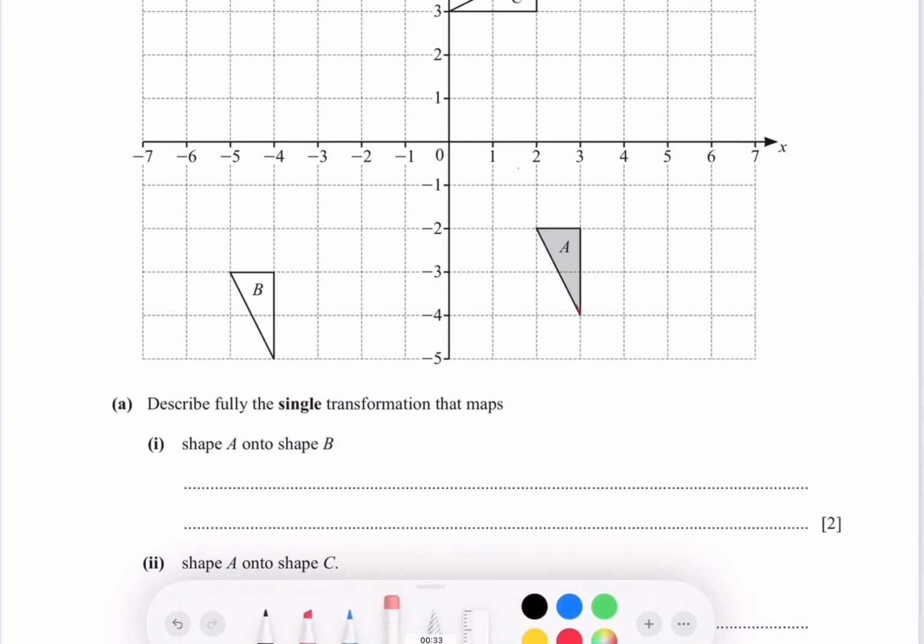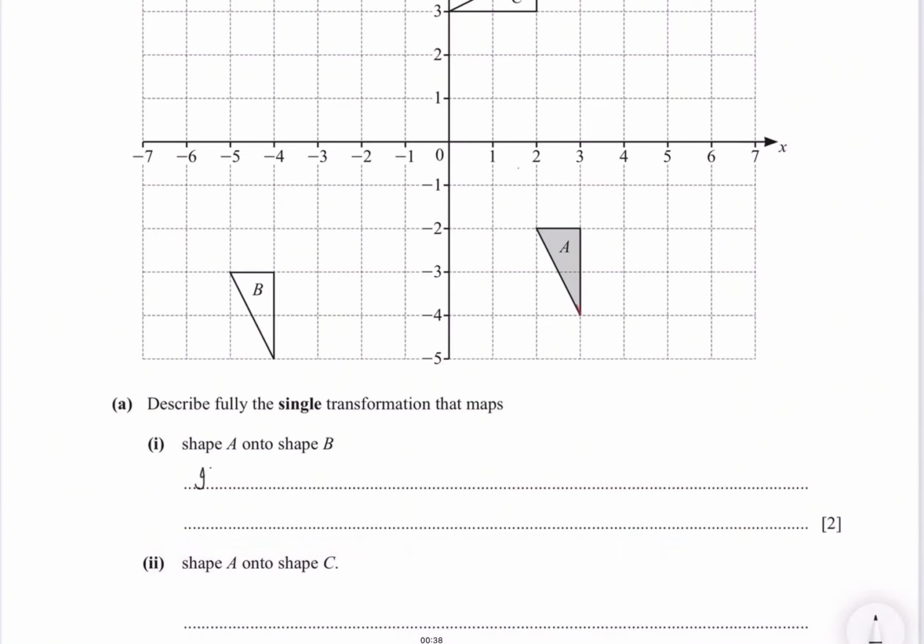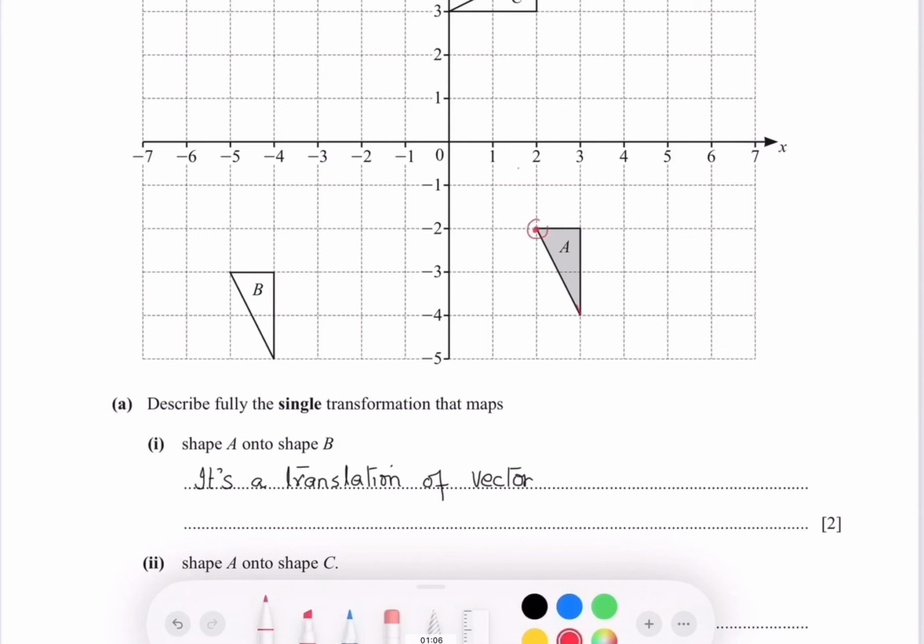You pick any one point on shape A and move it towards the corresponding point of shape B. You have to move first in the x-axis and then in the y-axis. So it's a translation of vector. Now we have to find its vector.